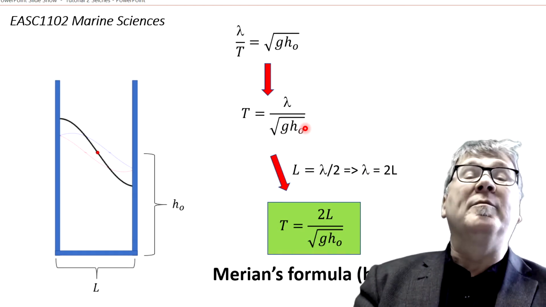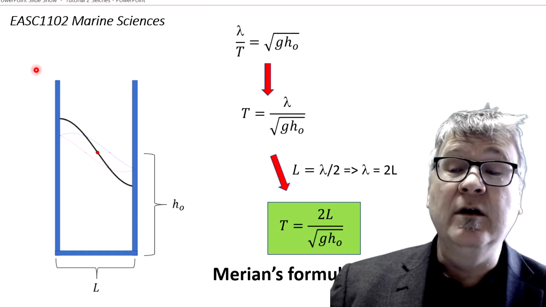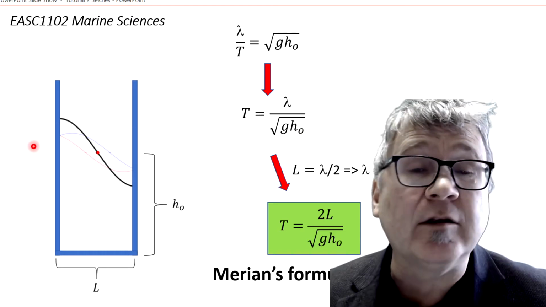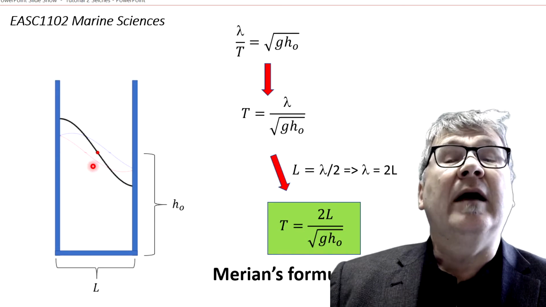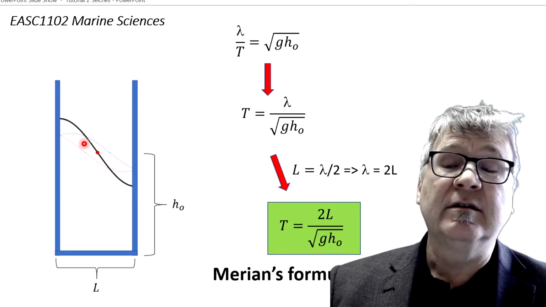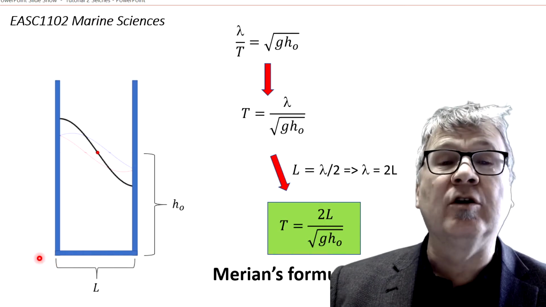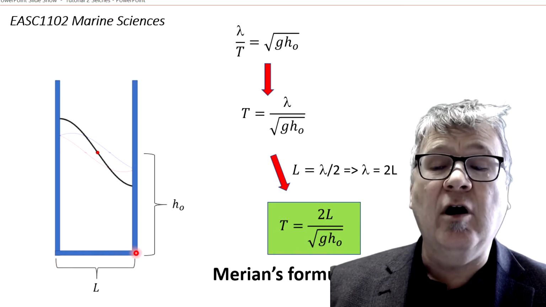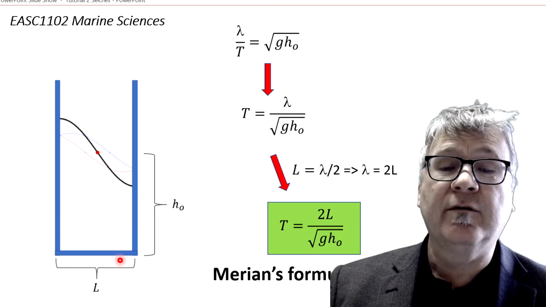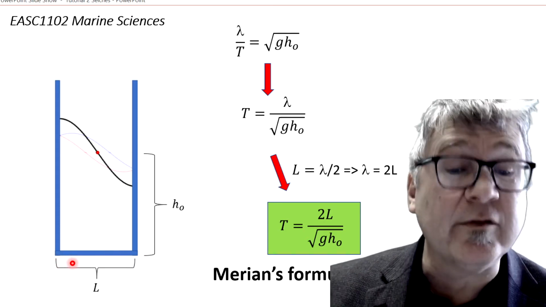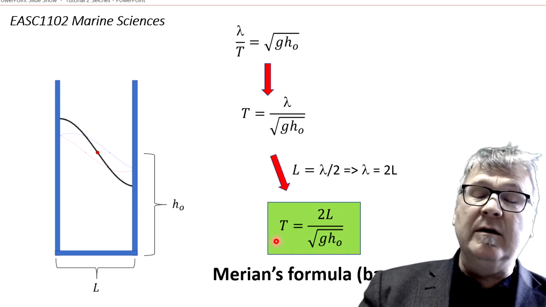So now we're going back to the Seiche configuration shown here on the left. And the key aspect of Seiches is that half the wavelength is the same as the horizontal dimension of your container, your box. You can make use of that relationship and plug it into that formula.